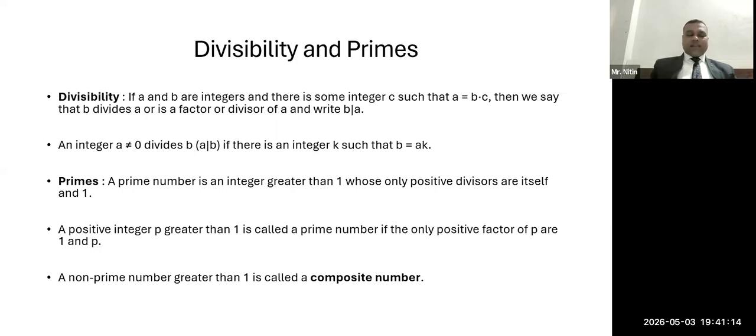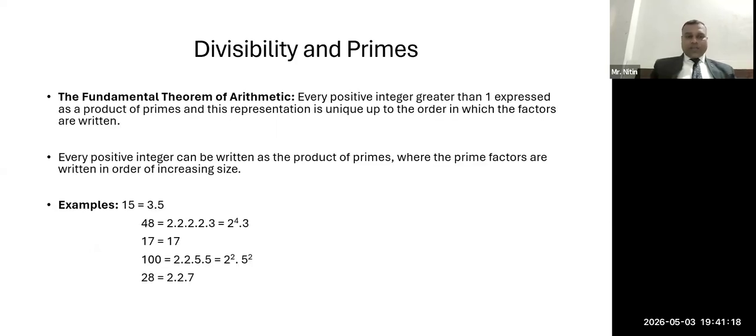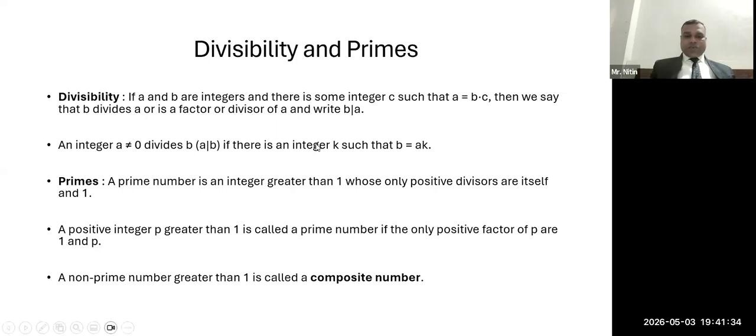We will understand this with an example, for example 15. But before this example, let's understand the fundamental theorem of arithmetic. For this, let me consider a particular number, for example 3.